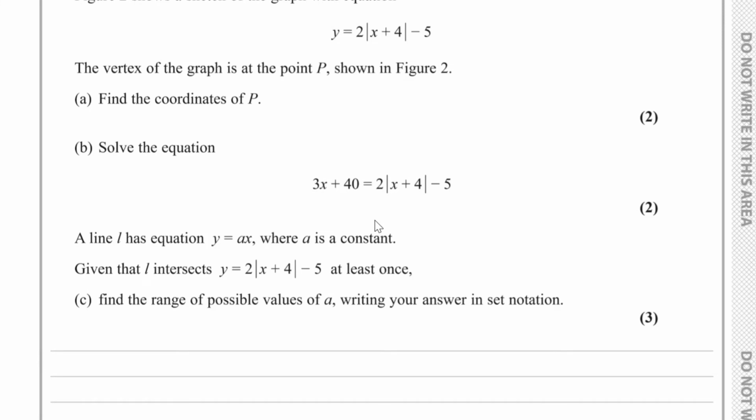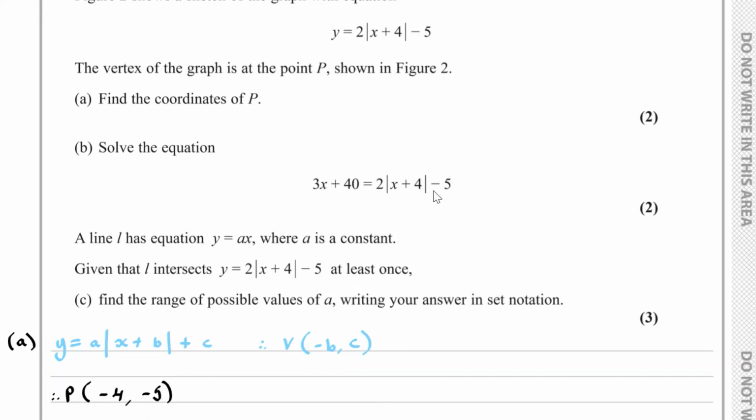What we mean by that, for part A of the question, if we have y equals a times the mod of x plus b plus c, we can see here that the vertex has coordinates minus b, c, and therefore the coordinates of P, which is our vertex, has coordinates minus 4, minus 5.